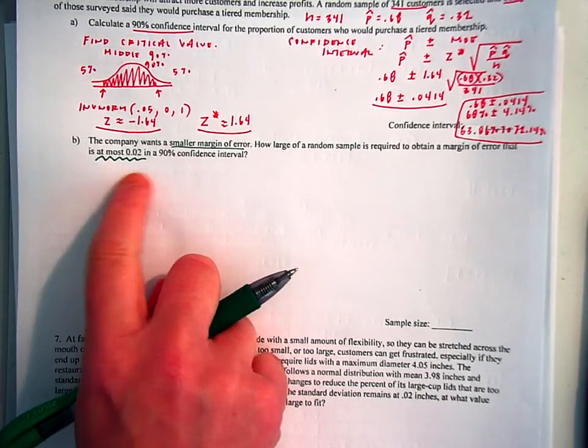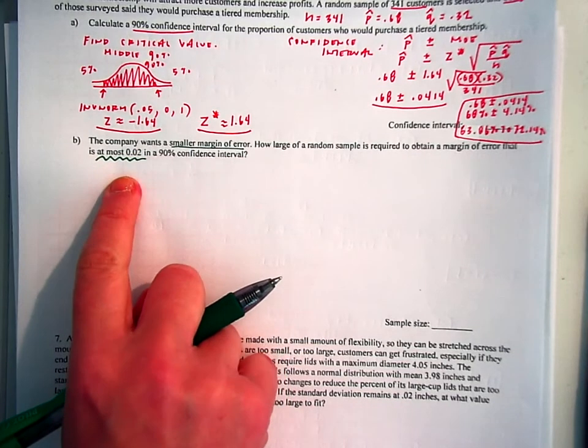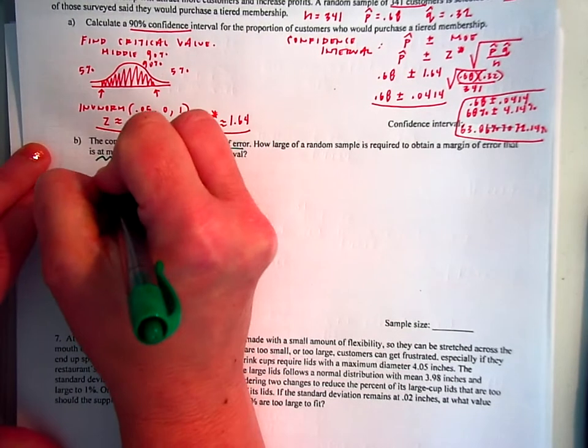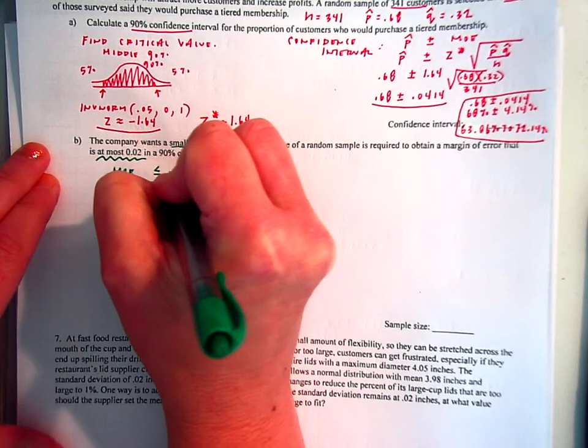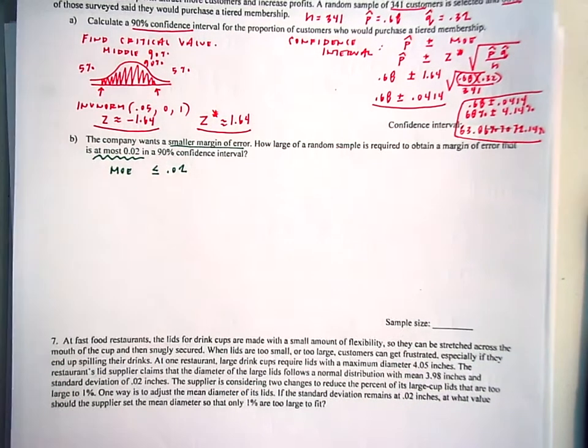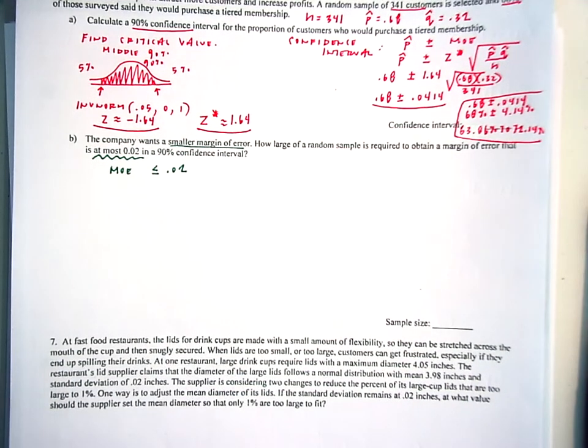So if it's at most 0.02, my margin of error must be less than or equal to 0.02. I'm keeping that in mind as I build my inequality statement.